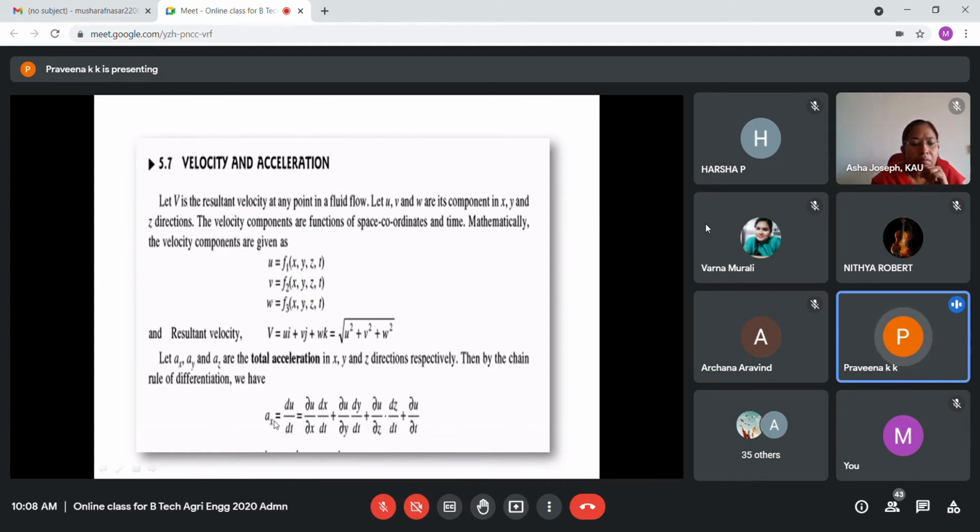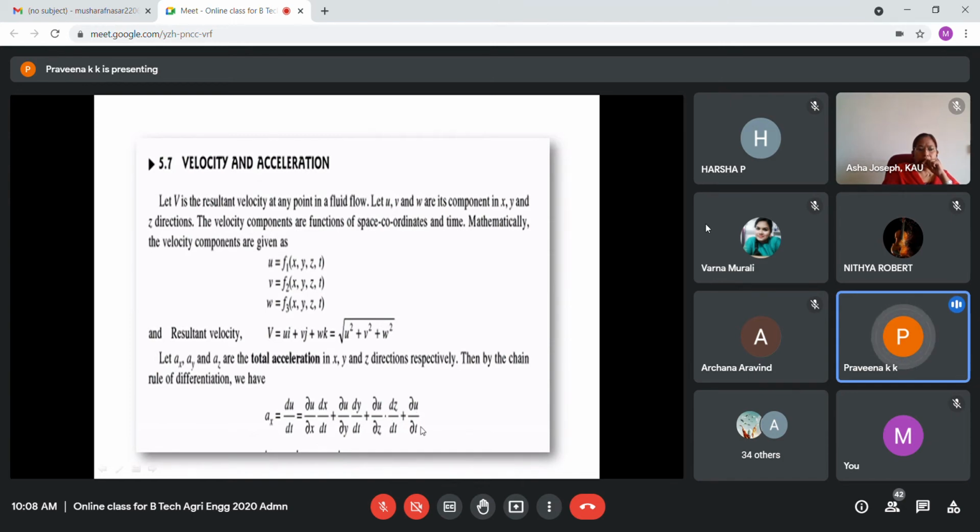So by using that chain rule, ax, that is the total acceleration acting in the x direction, can be written like this: dou u by dou x into dx by dt plus dou u by dou y into dy by dt plus dou u by dou z into dz by dt plus dou u by dou t.